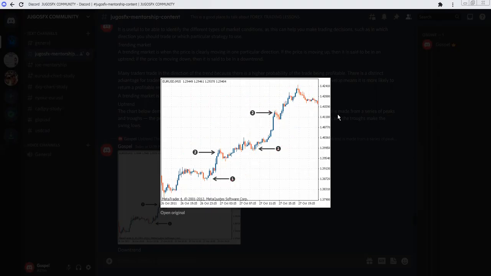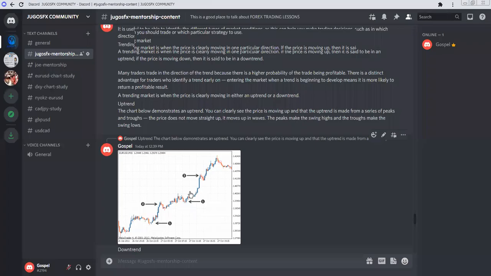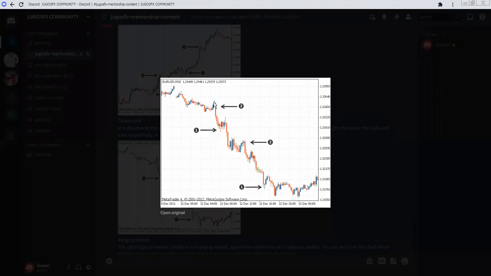So let's see another picture for a downtrend. Now, this is for a downtrend. You see the market is breaking lower lows, creating new lower lows. It breaks again, it creates a lower low. It continues creating lower lows. Remember, the market will not go down forever. We are going to talk about how to spot reversals.